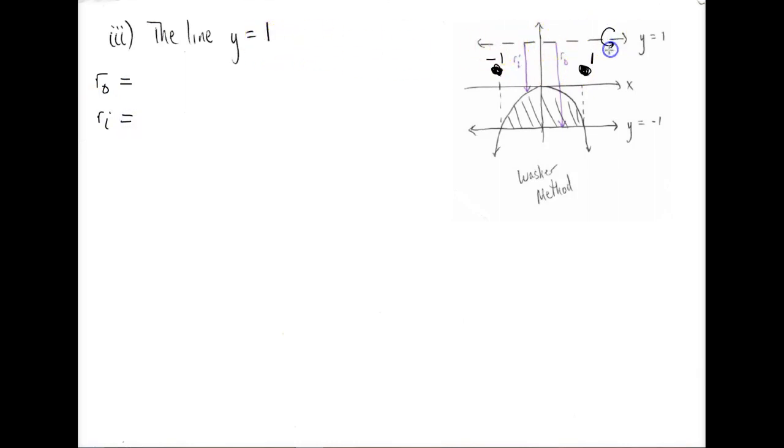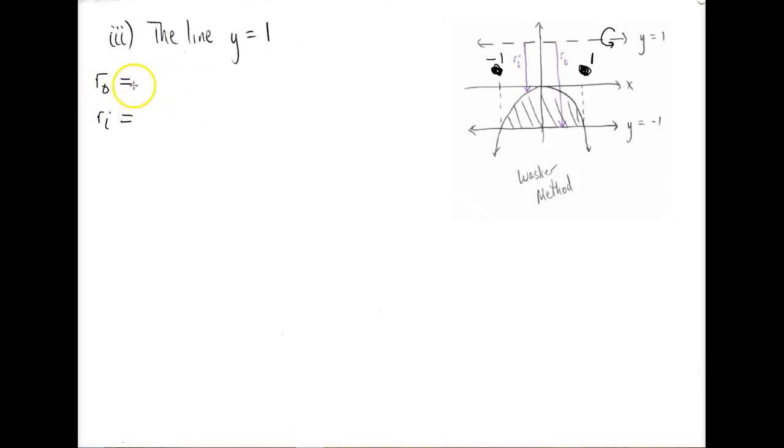So we're rotating about this line now. If we use the convention of saying the radius is the function furthest from the axis of rotation minus the axis of rotation, we should get exactly what we need every time without having to do a whole lot of thinking.